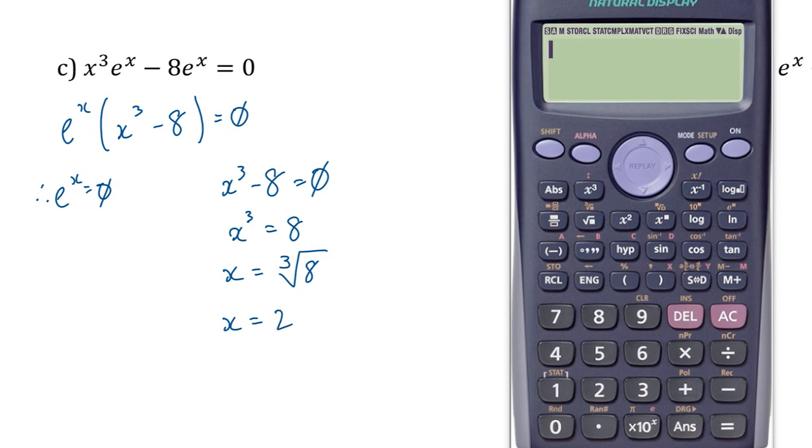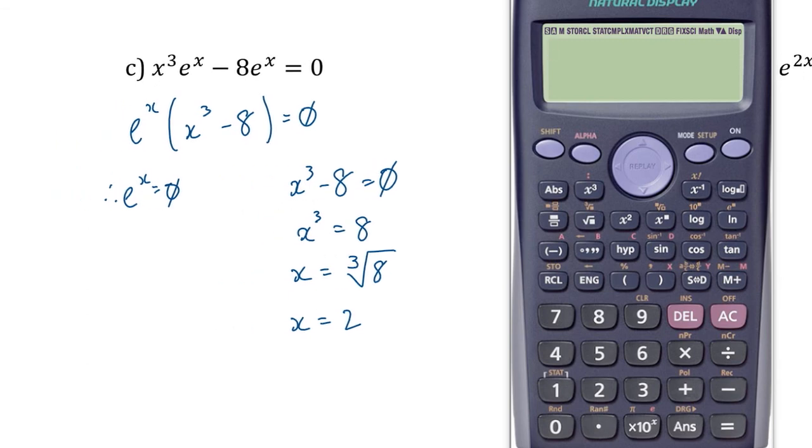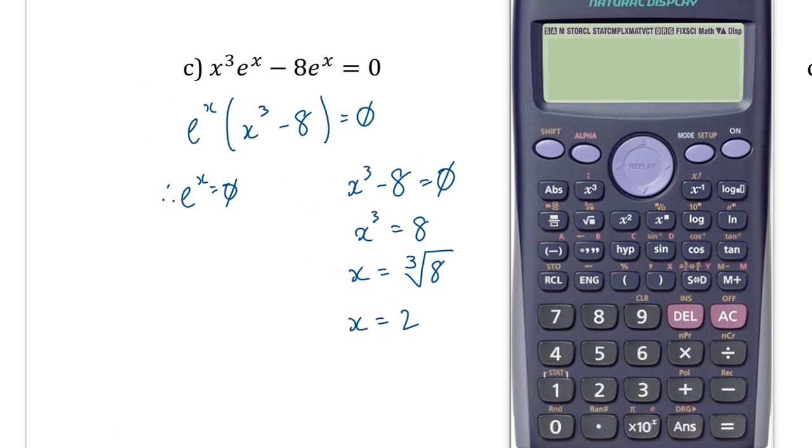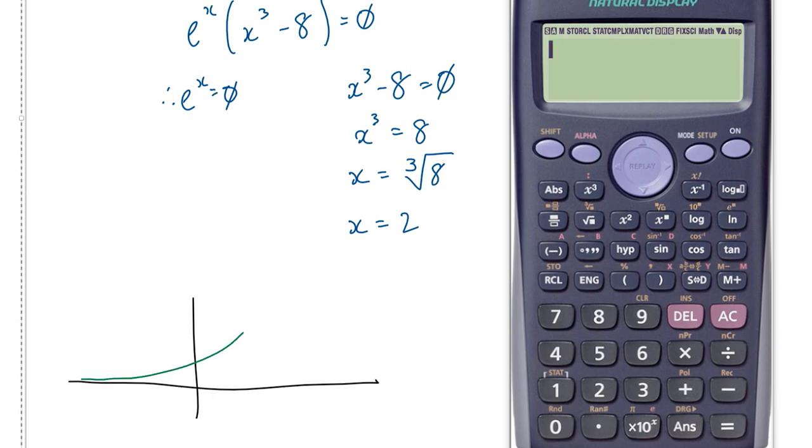Okay. What about this one? Well, this is where our knowledge of the graph is very useful. So I'm going to go down here and sketch any exponential function, but let's say this is y equals e to the x. When does y equal 0? Never. There's an asymptote there.